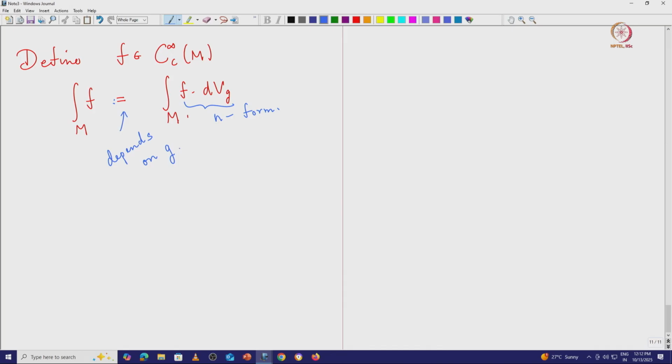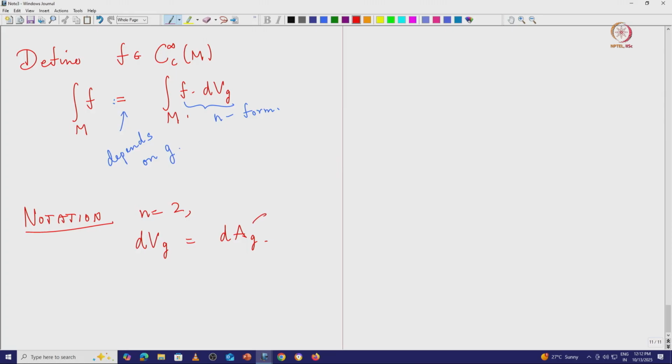All right. So let me finish with an example and some notation. If you are working in dimension 2, instead of dVg we sometimes call it dAg.